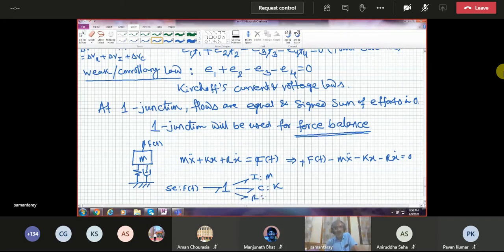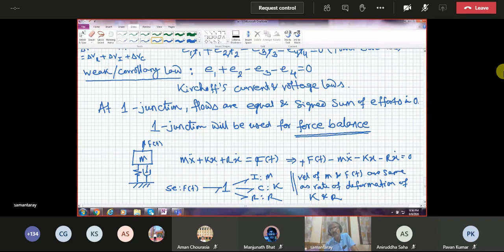We again know, from the corollary, that the velocity of the mass and Ft are the same as the rate of deformation of K and R. So if you model that as one junction, because velocities and rates of deformation are the same, that also simultaneously says that this is equivalent to this.